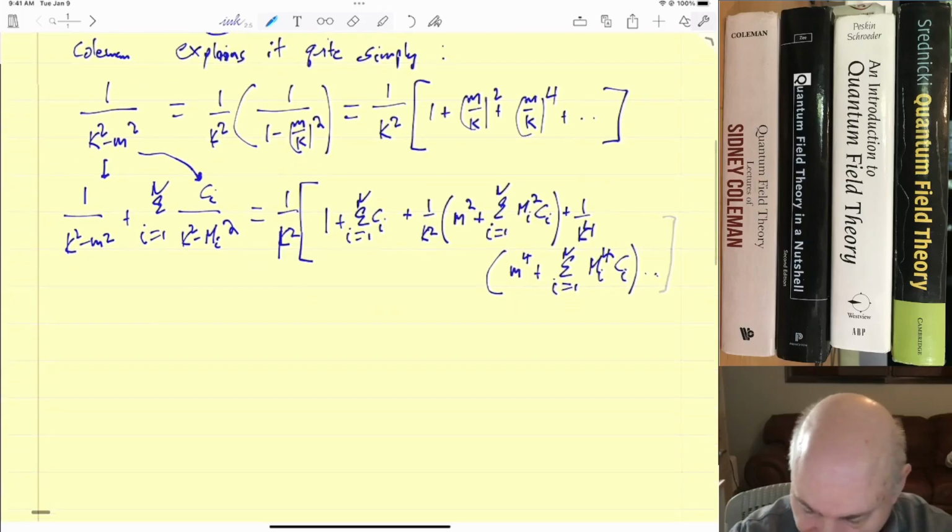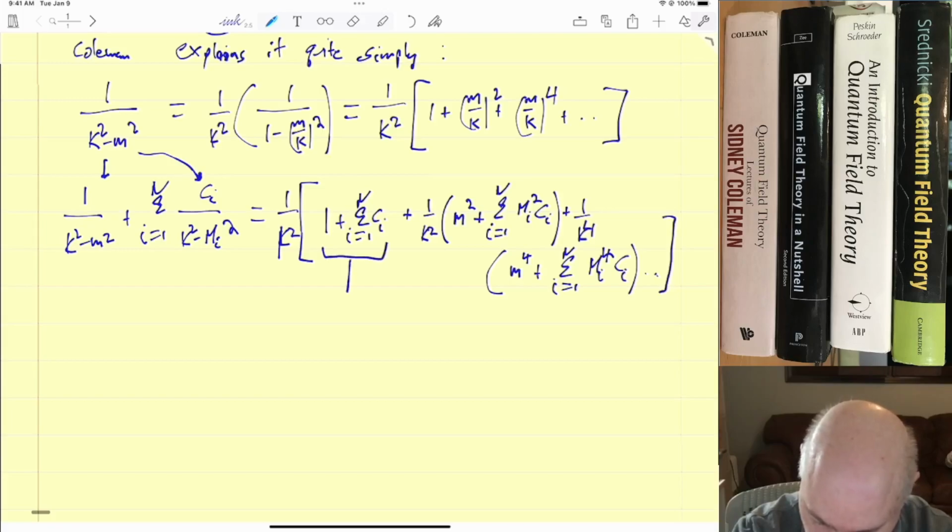So now you can see if we set the first term equal to 0, then our propagator has 1 over k to the 4th behavior, or better.